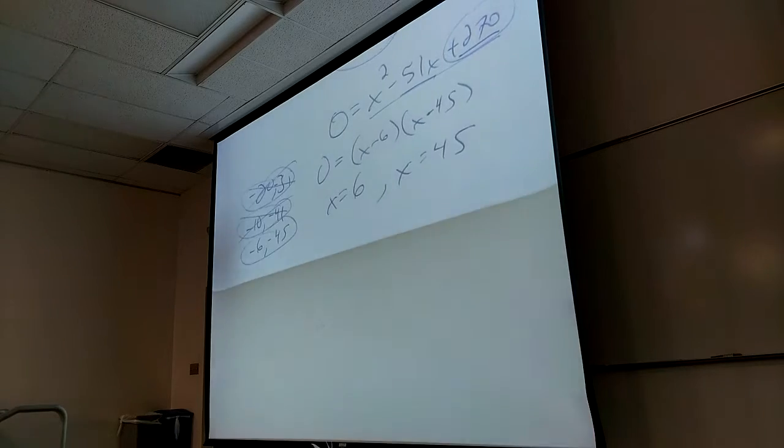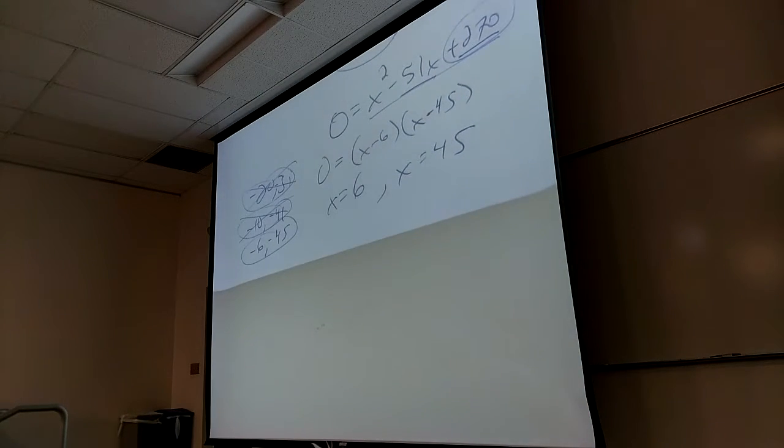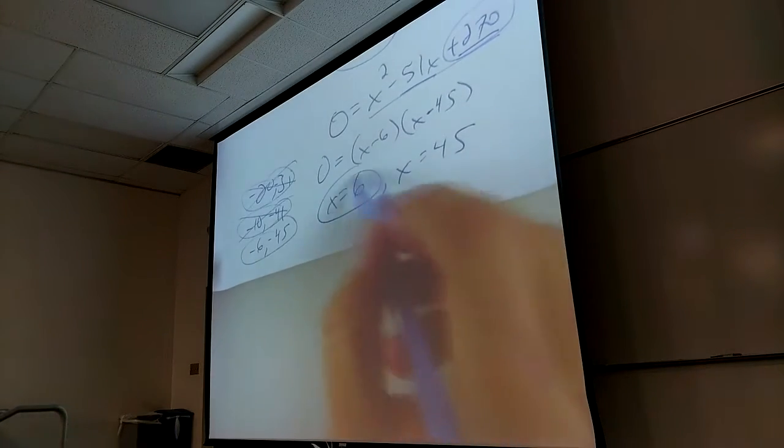You got to be careful. The total time is 18 hours, which means they both have to be around 18. You have no idea how big or small either one is, because they're working together. So 6 is not good.